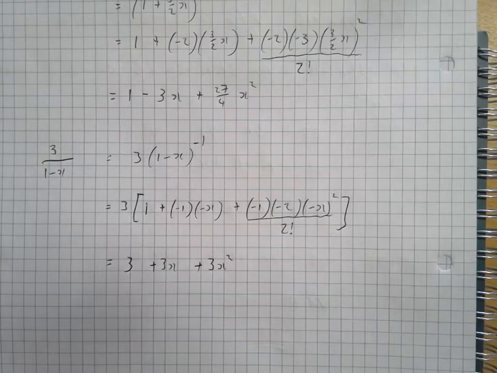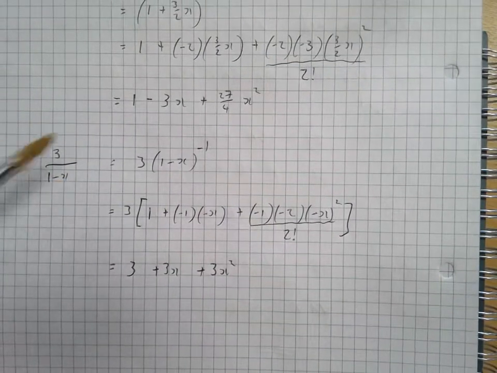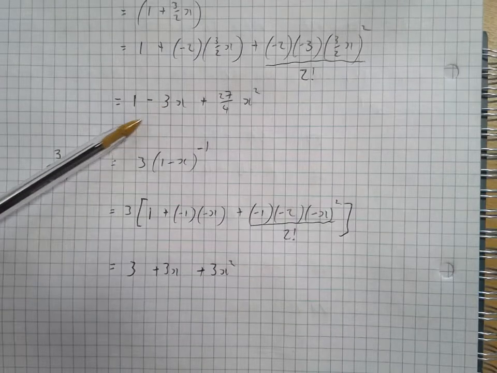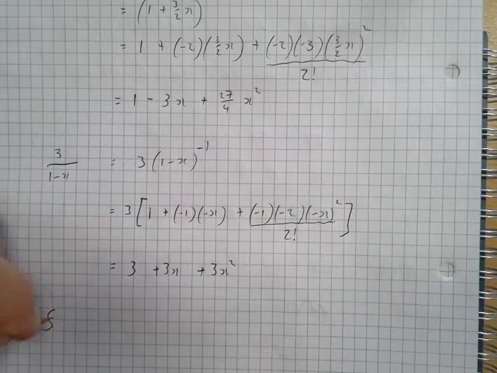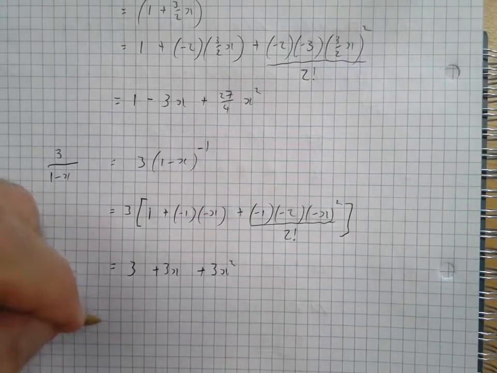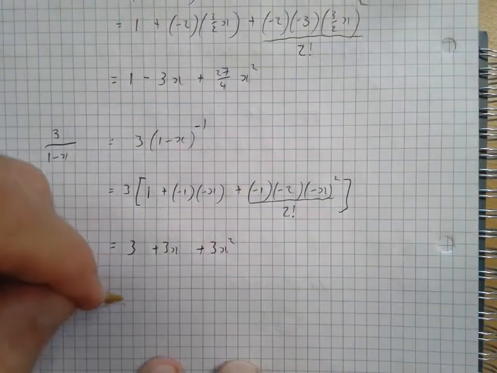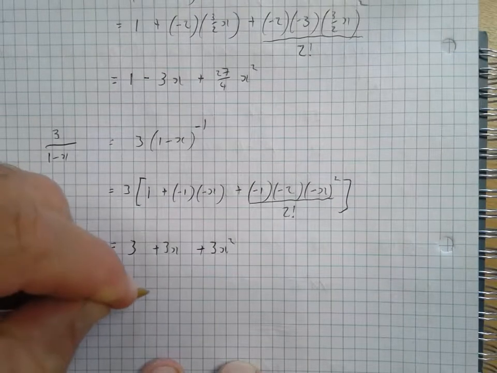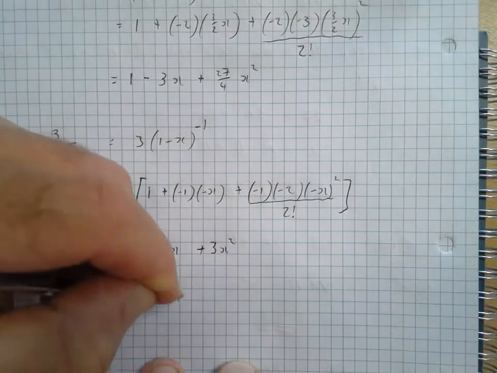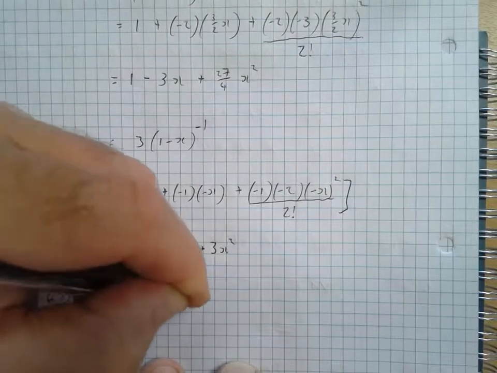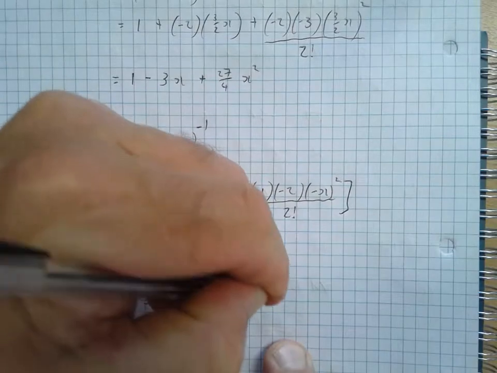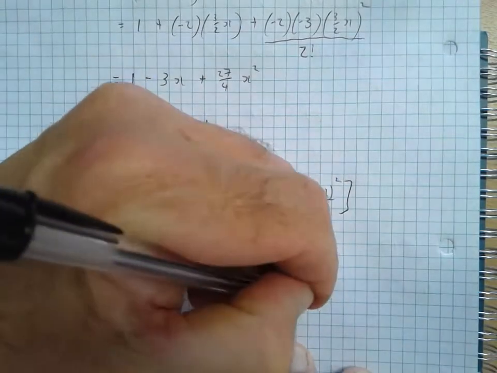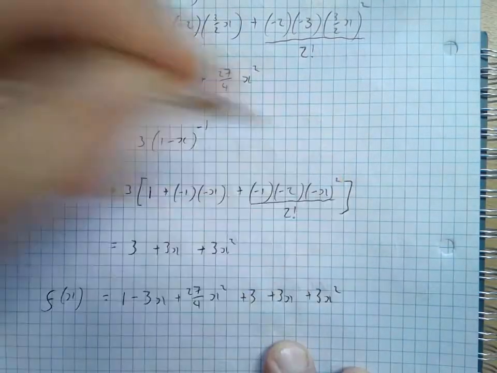Okay, so I've now got f of x expressed as that expression there, added to that expression. So f of x equals 1 minus 3x plus 27 over 4 x squared plus 3 plus 3x plus 3x squared.